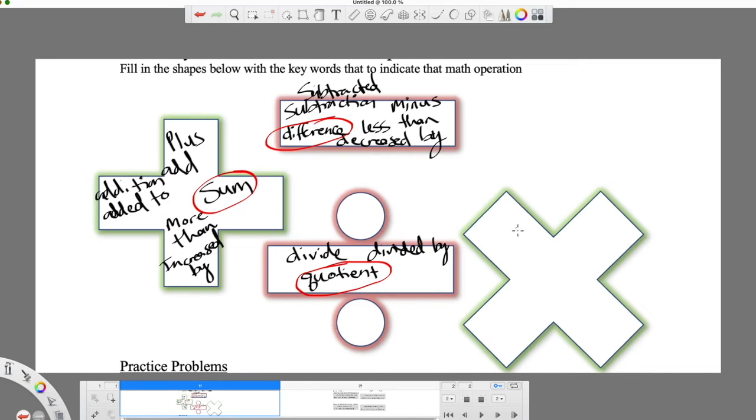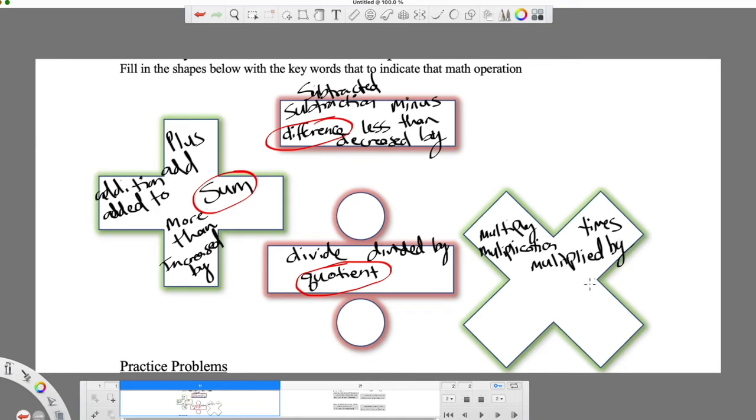And then for multiplication, we have multiply, times. Those are our two basic words for multiplication. We could also say multiply by, multiplied by.